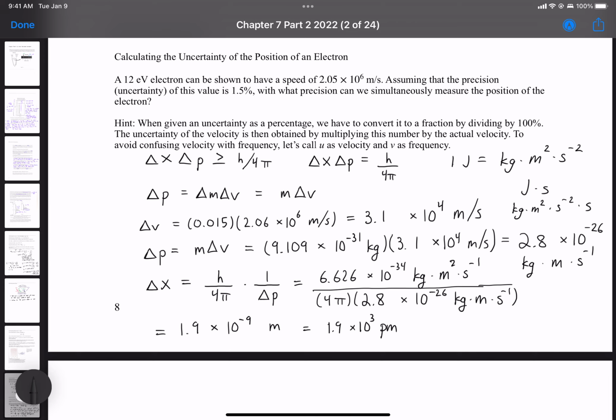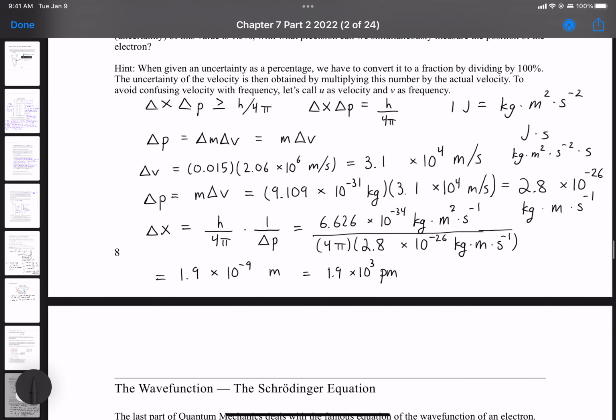So what this is telling us is that the uncertainty in the position of the electron is approximately 10 atomic diameters. So that's a lot.